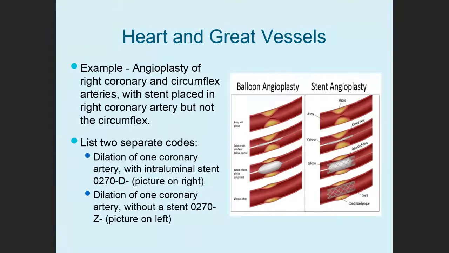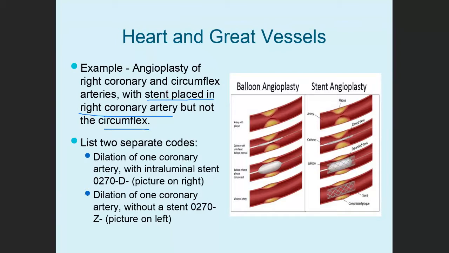On the other hand, if there's something else in the codes that makes them different, you need to do two codes. For example, angioplasty of right coronary and circumflex arteries, same as the last one, but in this case a stent was placed in the right coronary artery but not the circumflex artery. In this case, you're going to do dilation of one coronary artery with a stent, and then one coronary artery without a stent.